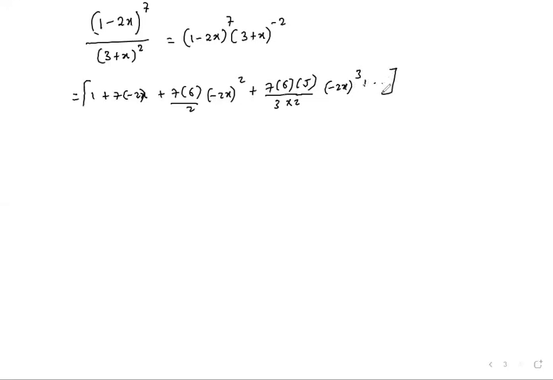This is multiplied by, we now come here. The power is minus 2. So we first want to make our way easy. We factor out a 3 and have it in this form. Power minus 2.